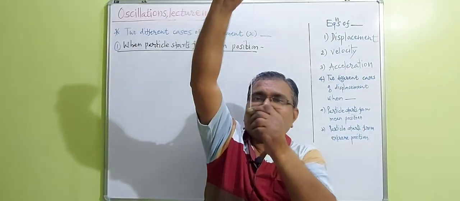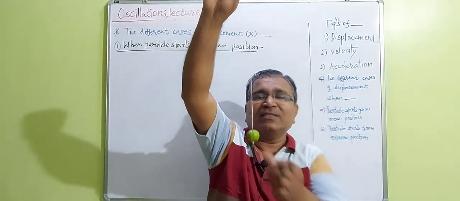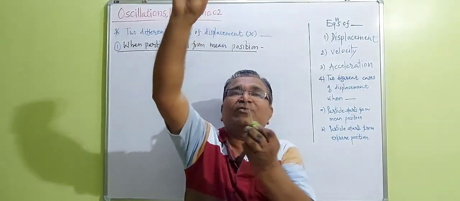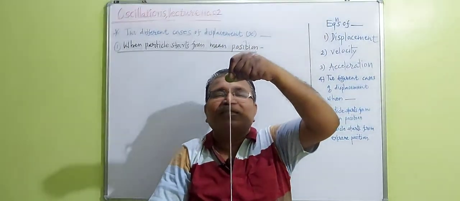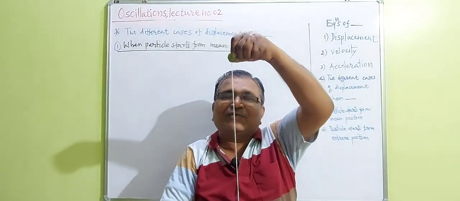Listen carefully, dear students: when the particle is at mean position, either phi is equal to 0 or phi is equal to 180 degree.